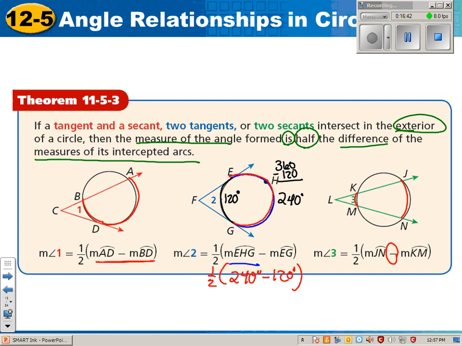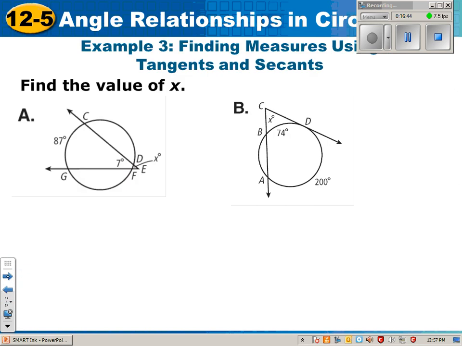Then we have the outside angles. Here we go. First one says find x. X is the angle that is outside the circle. So one more time, it should be half the difference. Which two arcs are we subtracting? GC and DF. Big minus little.